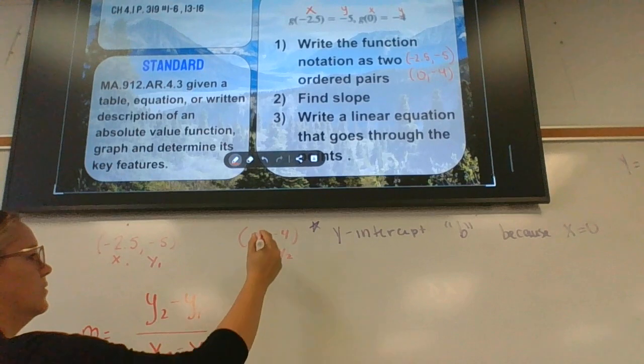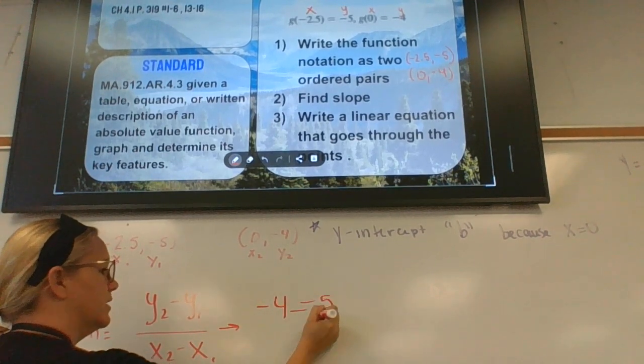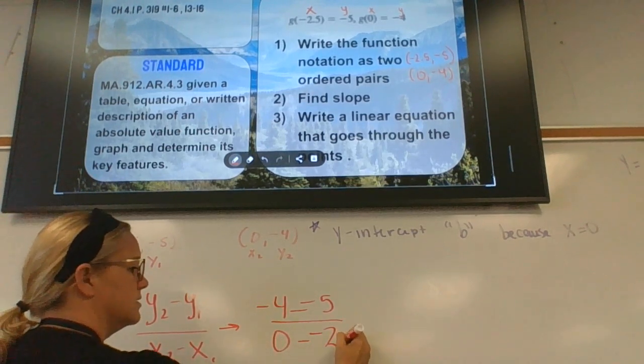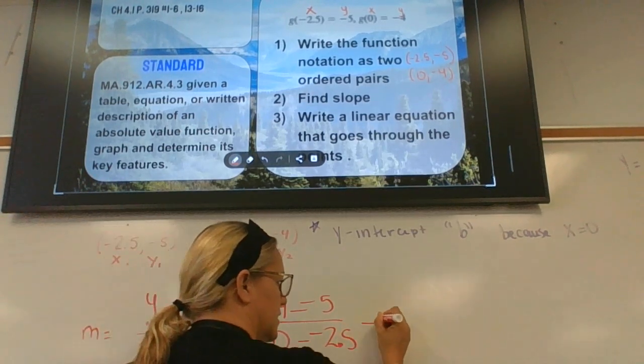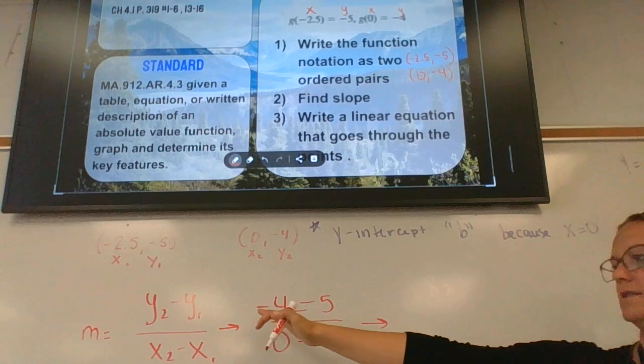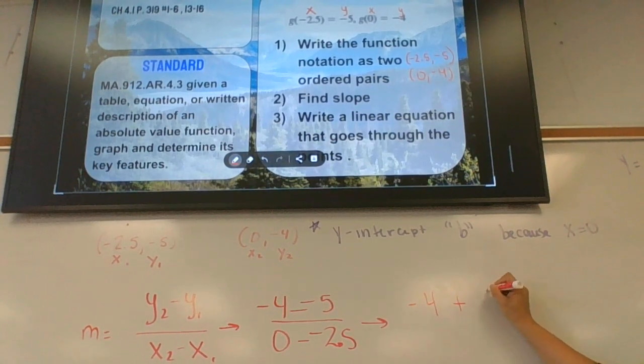Okay, so y2, negative 4, minus y1, over 0 minus negative 2.5. Okay, so slope formula, because it's subtraction, always presents these challenges. This is negative 4 minus a negative 5. Minus a negative is really a positive.